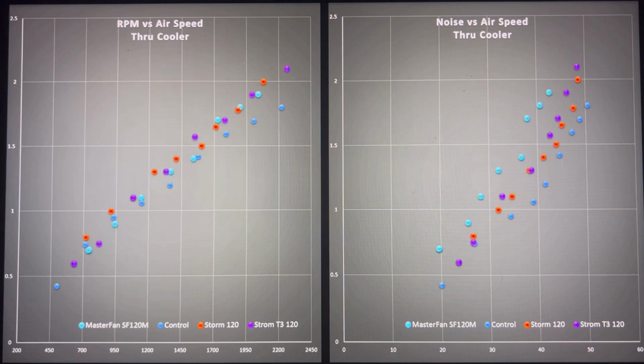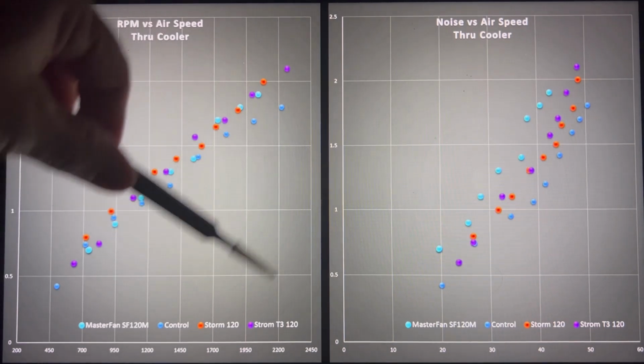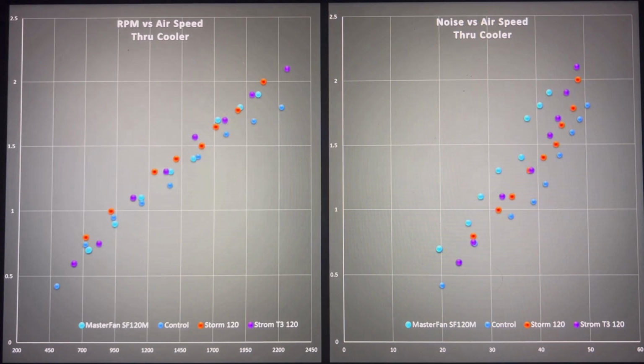On the right side is noise versus airspeed, and that is a noise efficiency graph. So it's how much air can this fan move at a per noise level. And when looking at these graphs, good fans are sitting over in the top left, bad fans are sitting in the bottom right. And let's take a look at it.